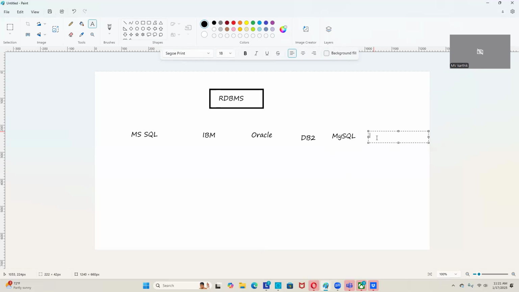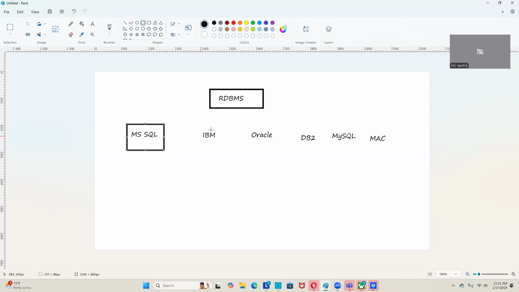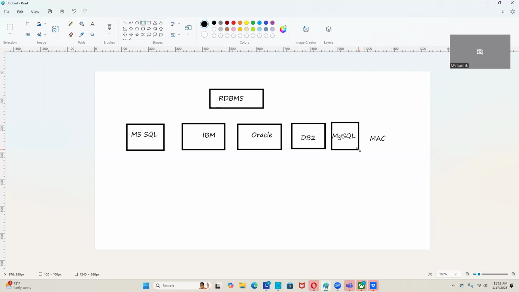These are all the relational database management tools used in our current technologies.